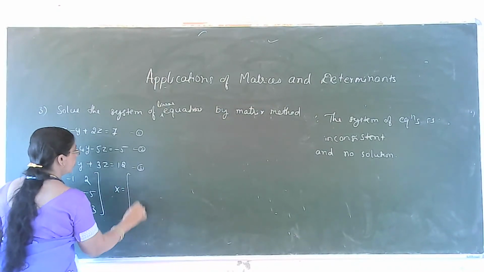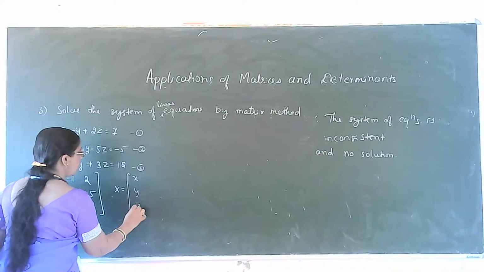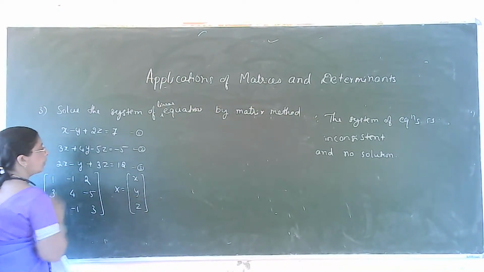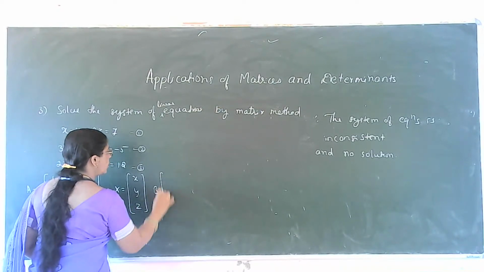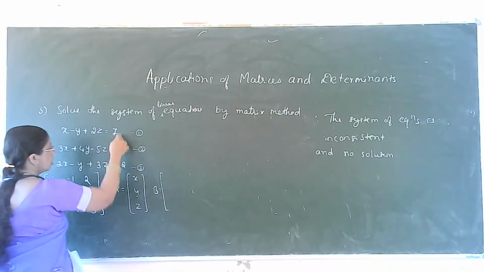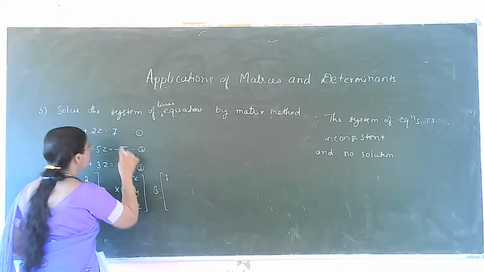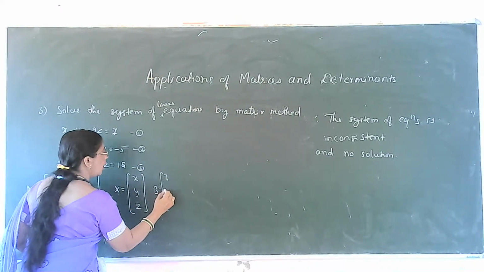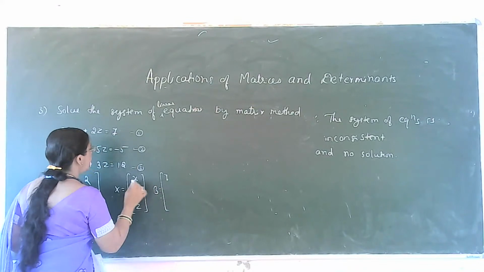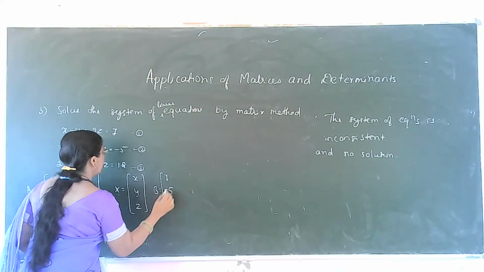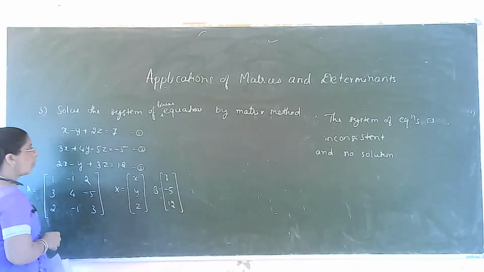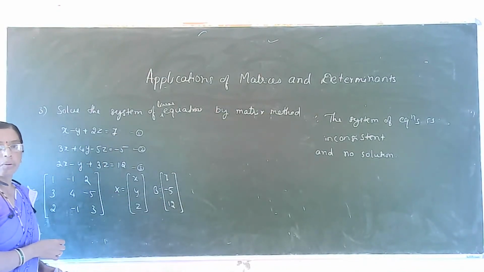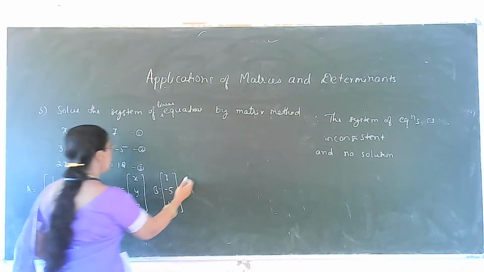There are three variables, therefore X is [x; y; z]. Then B is the RHS elements: 7, minus 5, 12.